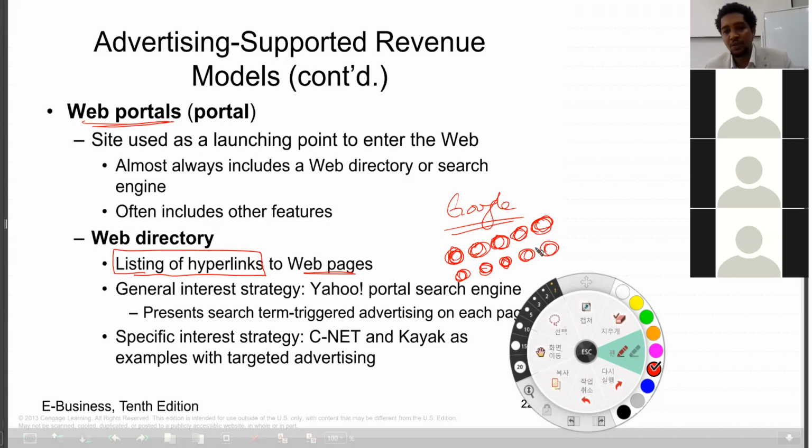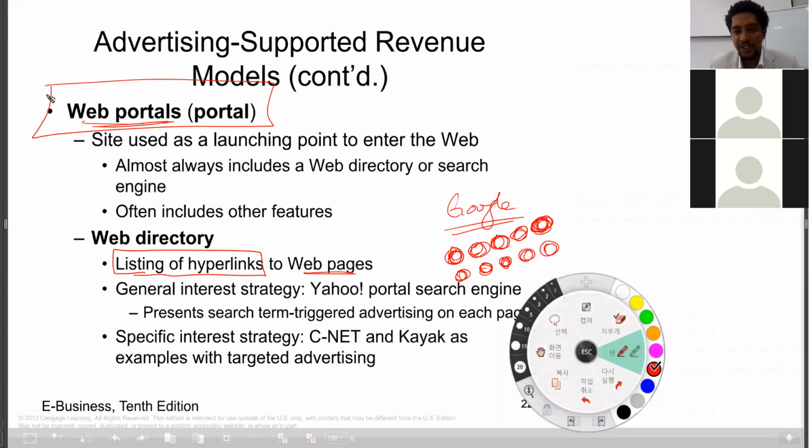When you visit Google for the second time, you will find Swan University portal as a web link on the Google website. So that is called a web portal. A web portal also uses this advertising supported revenue model, and it is better than general advertising, or those who use a general strategy to advertise.